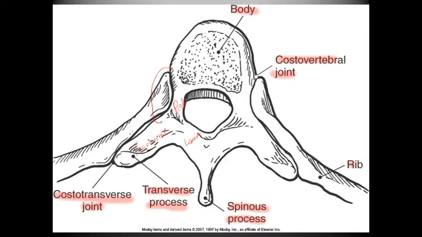As the name implies, the costovertebral joint is the joint between the rib and the vertebral body. And then we also have the costotransverse joint, which, as the name implies, is the articulation between the rib and the transverse process of the vertebrae.